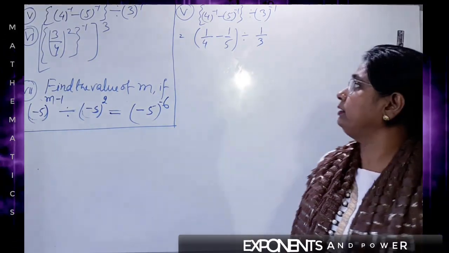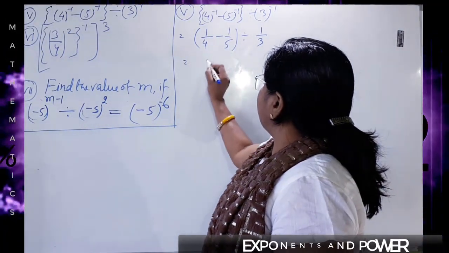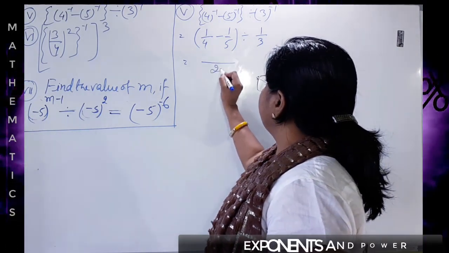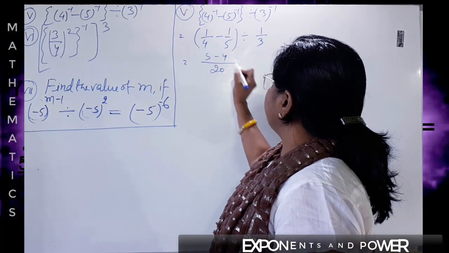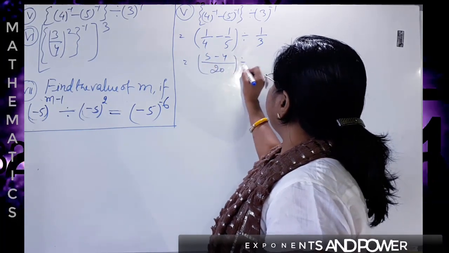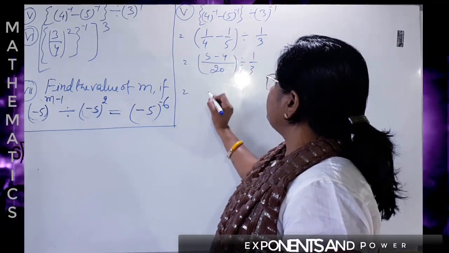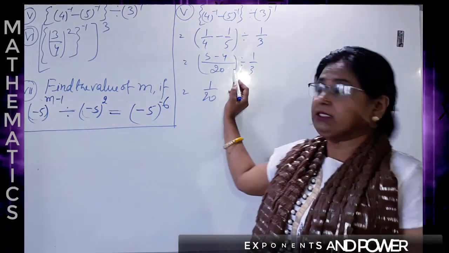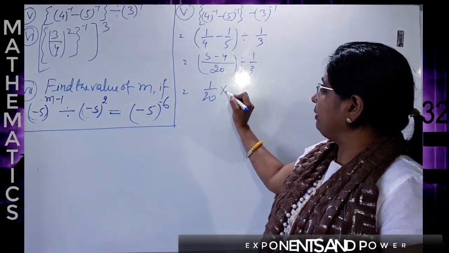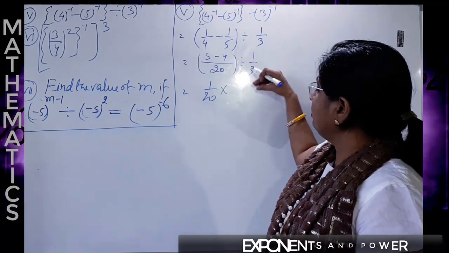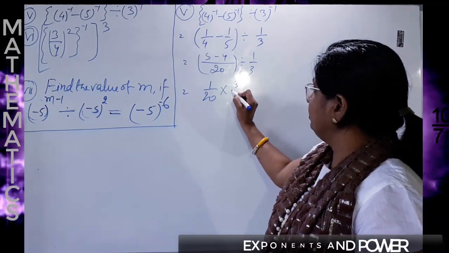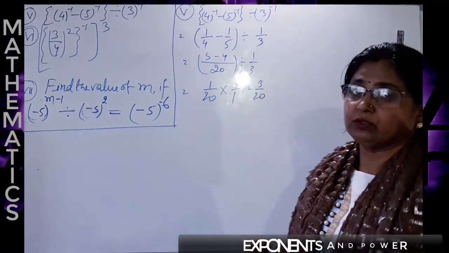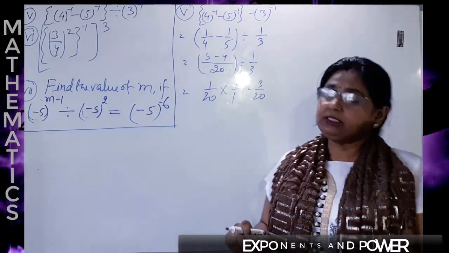Now subtraction: LCM of 4 and 5 is 20. 5 minus 4 over 20 is 1 by 20, divided by 1 by 3, and as there is a division symbol, we put multiplication and write the reciprocal, 3 by 1. So 3 by 20 is the answer.